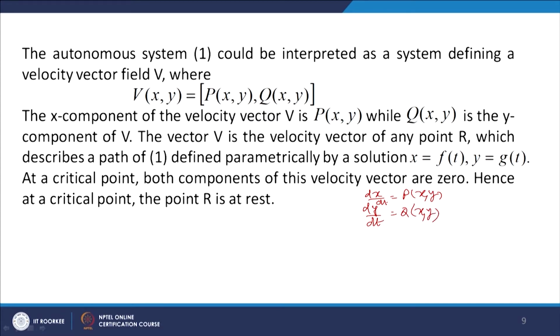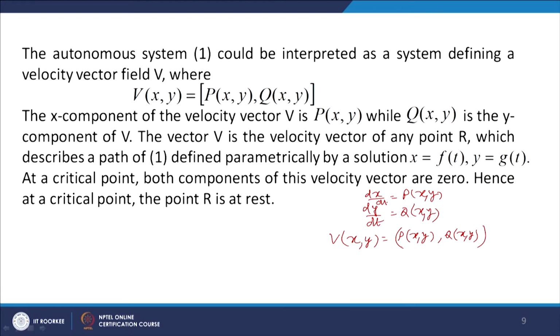This autonomous system could be interpreted as a system defining a velocity vector field, where if you take V(x,y) having components P(x,y), Q(x,y), the x component of the velocity vector V is P(x,y), while Q(x,y) is the y component of V.